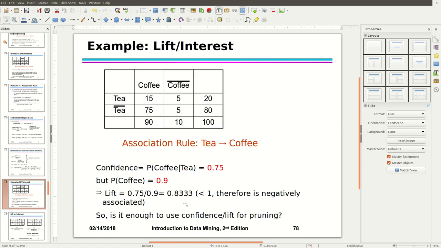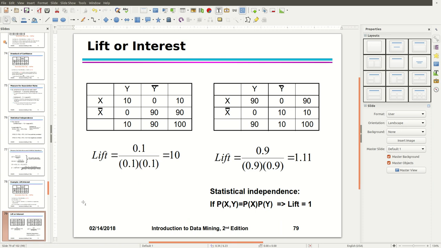So we can therefore say that it does not really imply that, it actually implies the other one, like having not tea means coffee more likely. So if we have a situation like this, we have 10, 0, 0, 90, and we have 90, 0, 0, 9, 10.